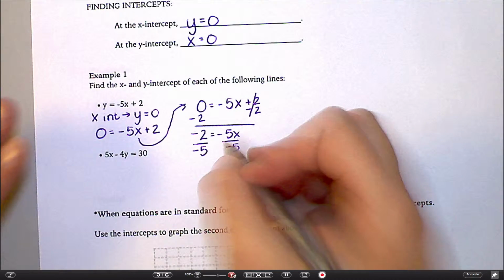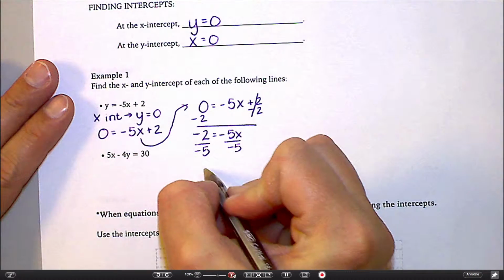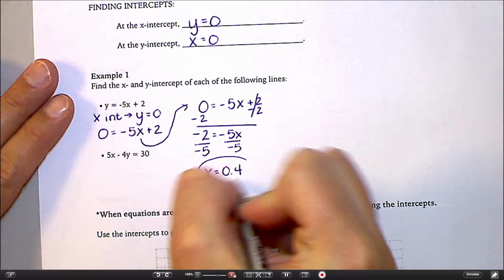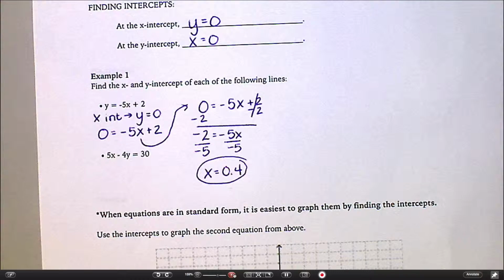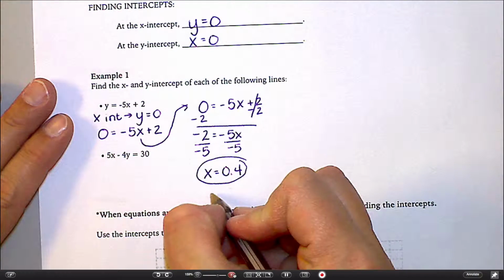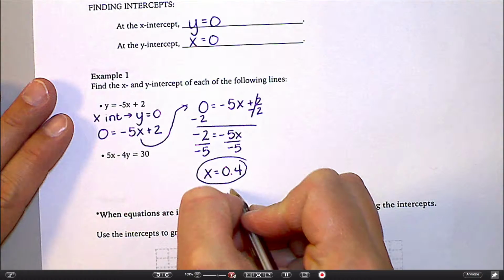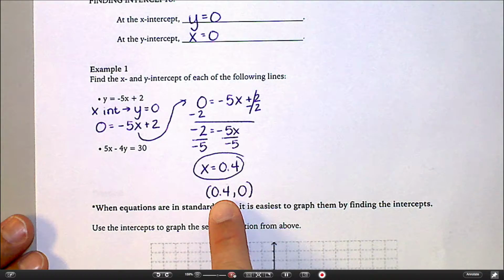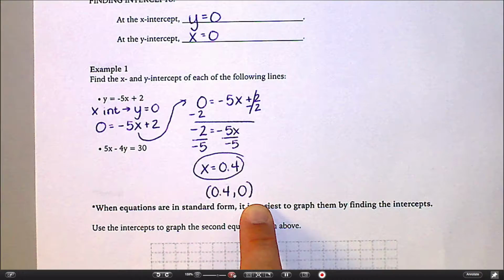I could leave my answer as 2/5, or I could say x equals 0.4. That's my x-intercept. If I wanted to write that as a coordinate, that would be 0.4, comma 0, because this is what x equals when y equals 0.